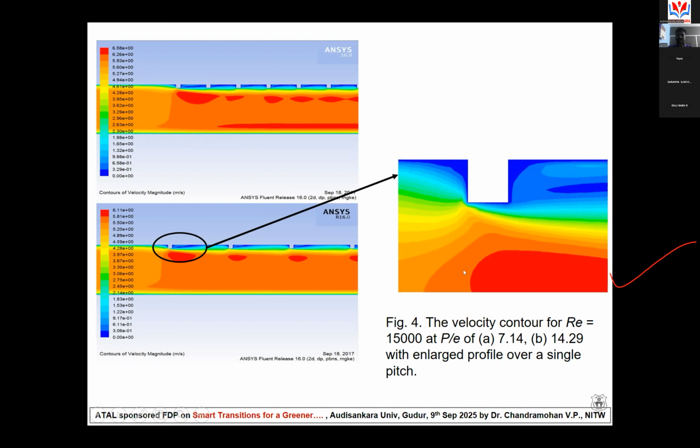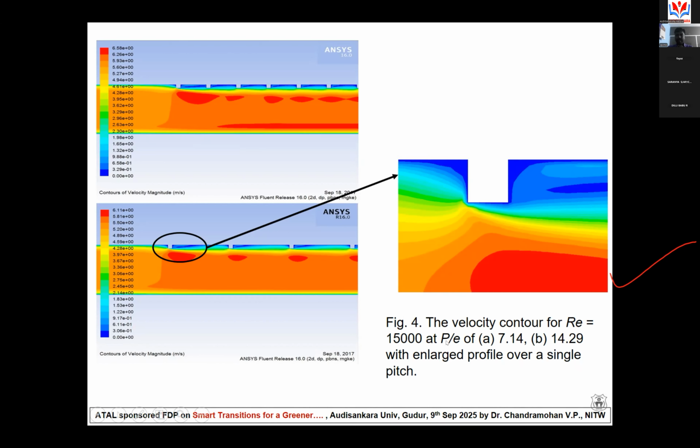Air vortices are formed, and because of continuous corrugations, the air will always be getting mixed with each other. Air molecules will always be mixed with each other, and then we will get almost a uniform temperature inside the duct because of the turbulent nature. So this is one of the good contour plots we have observed through the CFD simulations.